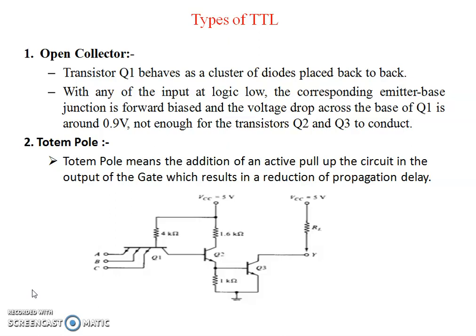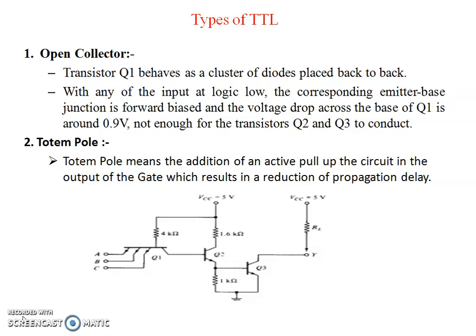Now the next one is totem pole. What happens in totem pole? Totem pole means the addition of an active pull-up circuit at the output of the gate, which results in a reduction of propagation delay.